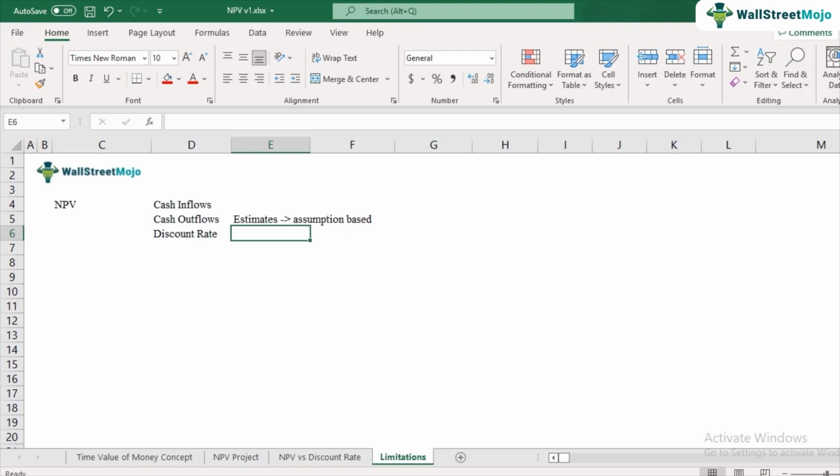And that's why it becomes a limitation in applying this net present value formula. Because, when you think of 2 analysts, the 2 analysts can have different sets of assumptions and can lead to totally opposite results. One may accept the project on the basis of NPV, and one may reject the project on the basis of NPV. That can happen, and that's the limitation of NPV.